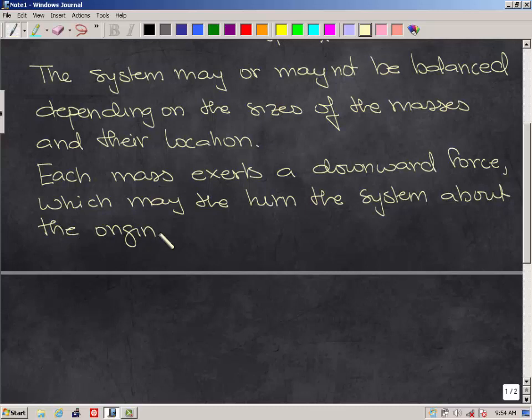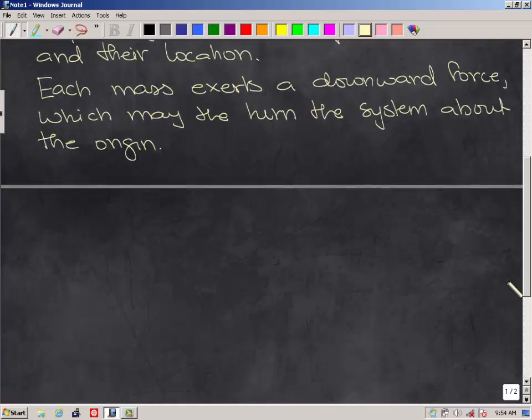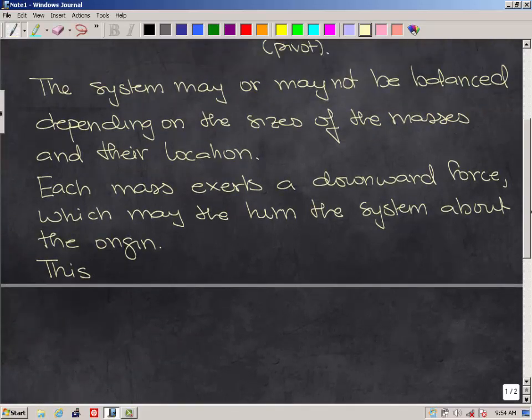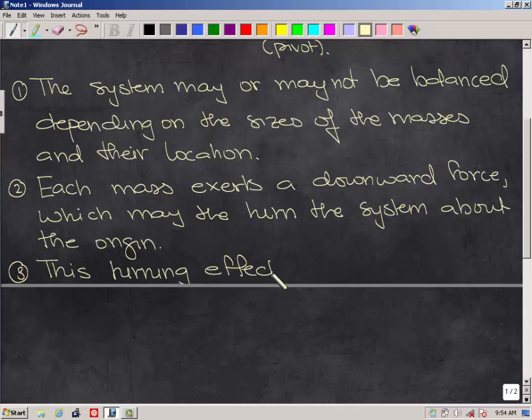And the origin is where the fulcrum is located. This turning effect is called torque. Let me label these things just for notation purposes: 1, 2, 3.